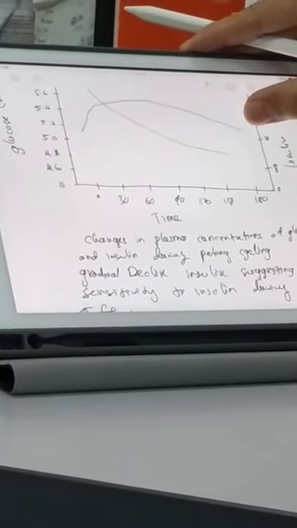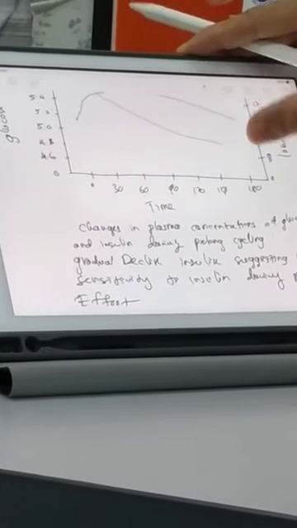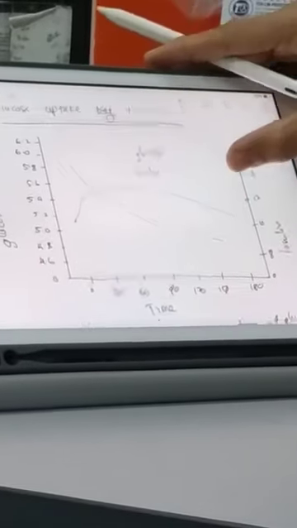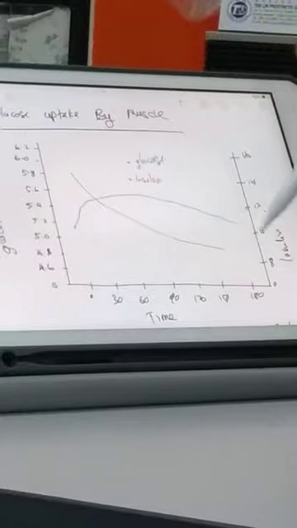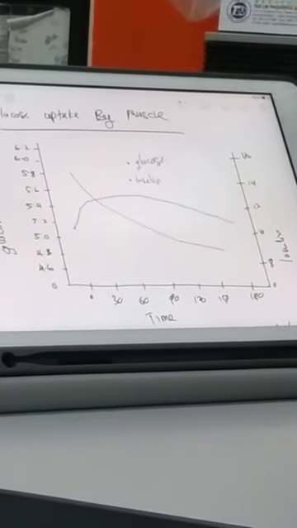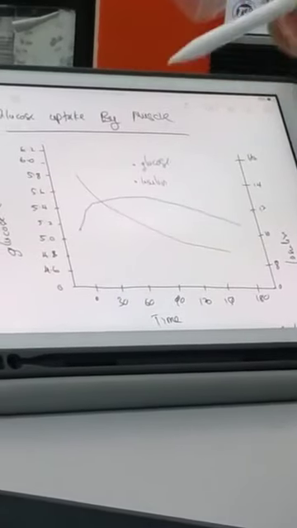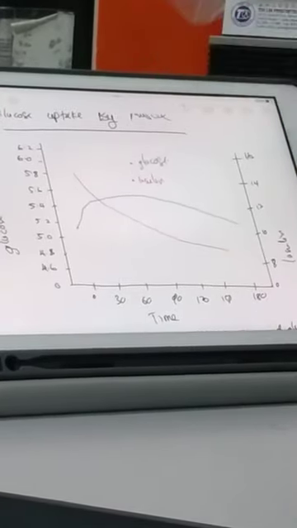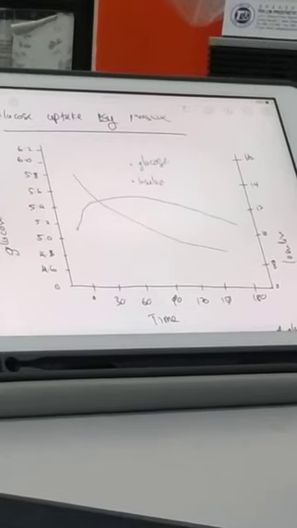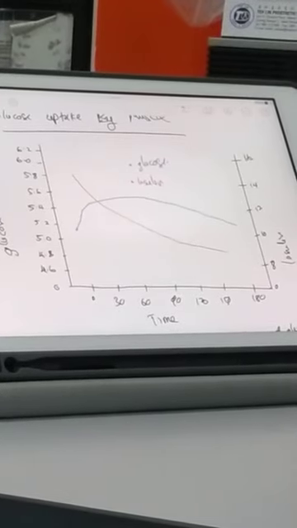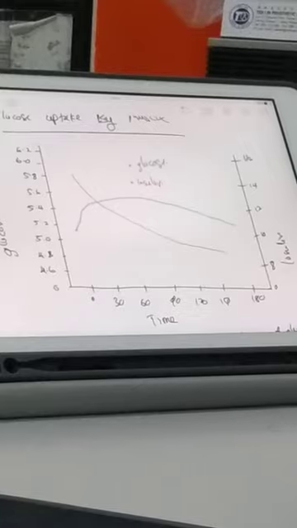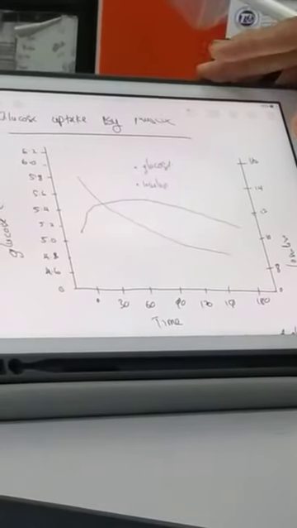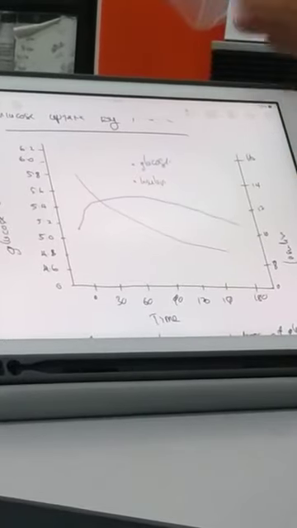A gradual decline in insulin suggests increased sensitivity to insulin during prolonged exercise. So this graph shows that the more time of exercise the person does, the more sensitive the insulin becomes. That means the production of insulin is reducing, but the rate of metabolism in terms of changing glucose to become ATP is the same.